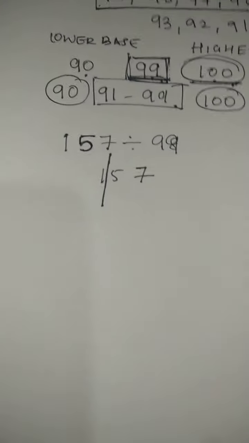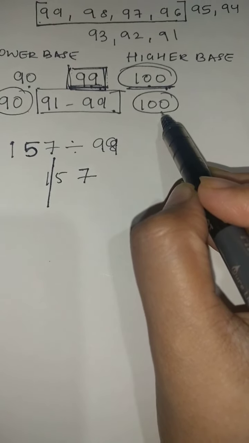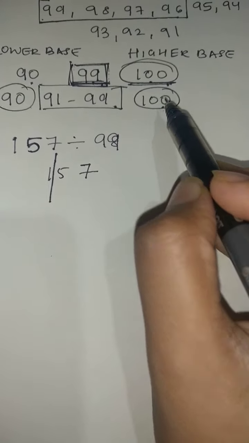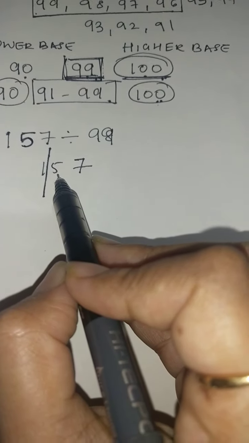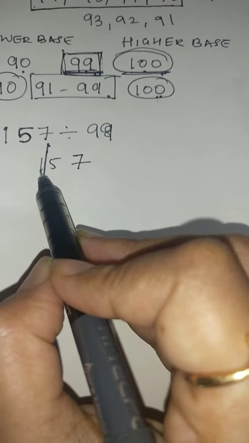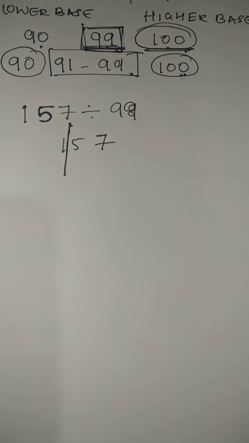There will always be a fight between 100 and tens. Because the higher base is 100, after the tens, between tens and 100, you have to put one crack. Now why the crack, I will tell you all.